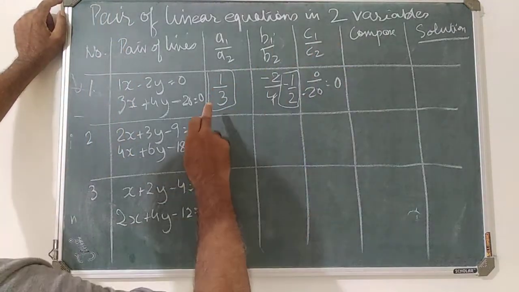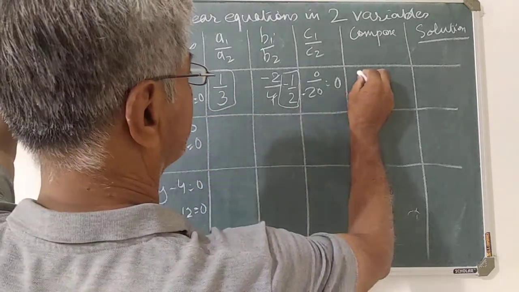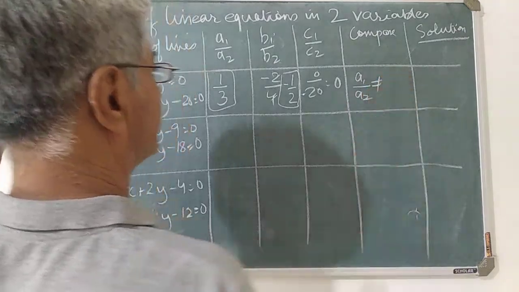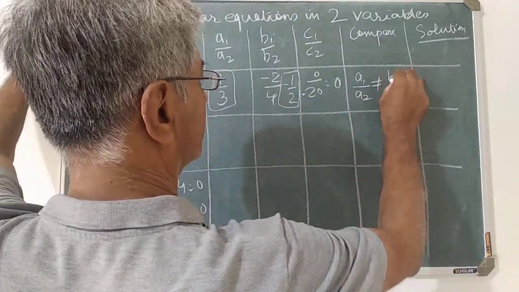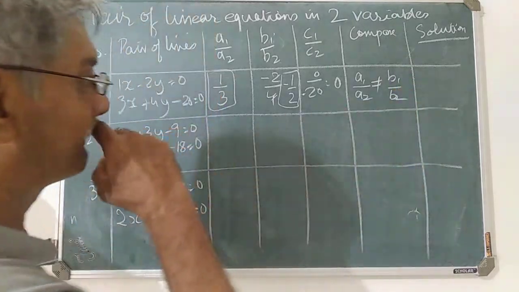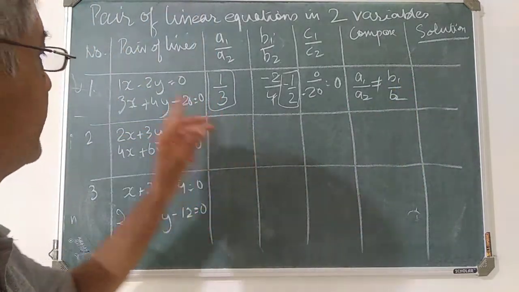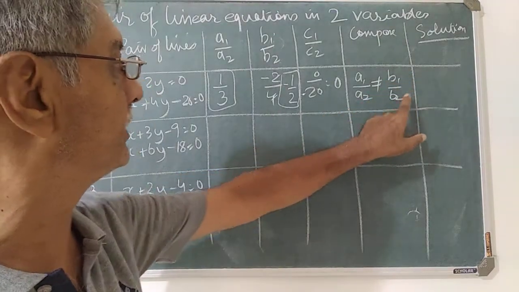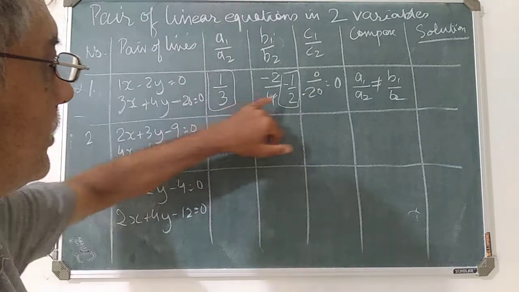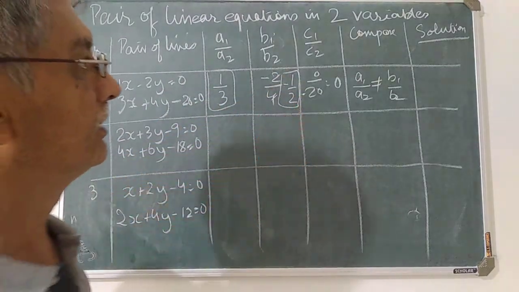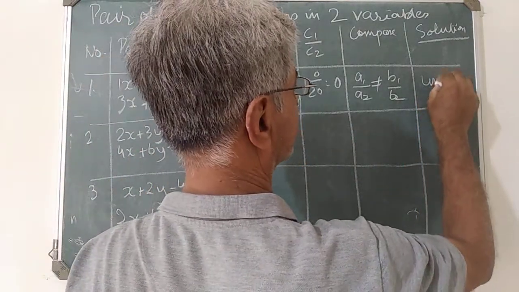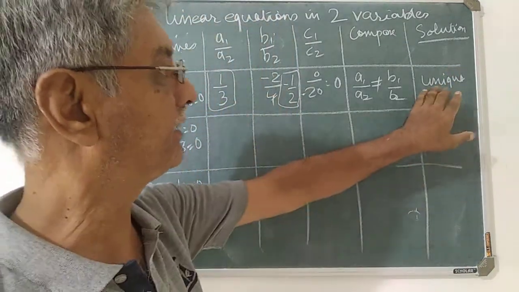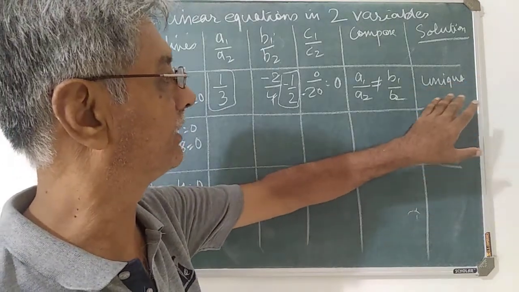So let us compare. Just remember this: if a1 upon a2 is not equal to b1 upon b2, and here 1 upon 3 is not equal to minus 1 upon 2, then you will have a unique solution. It will be intersecting, or you can call it consistent.